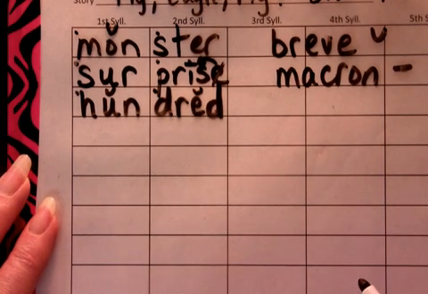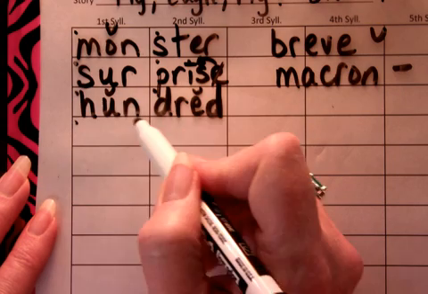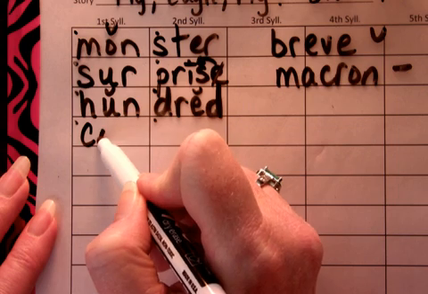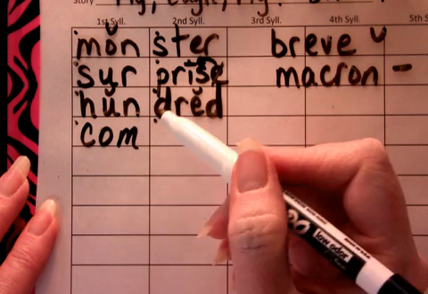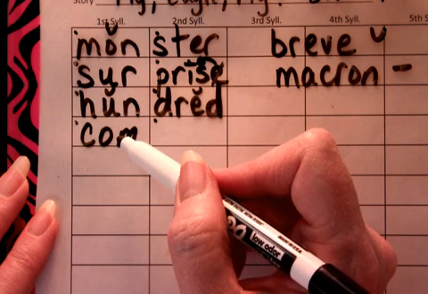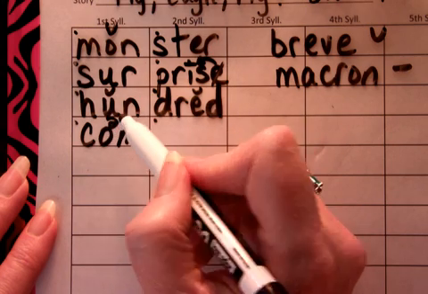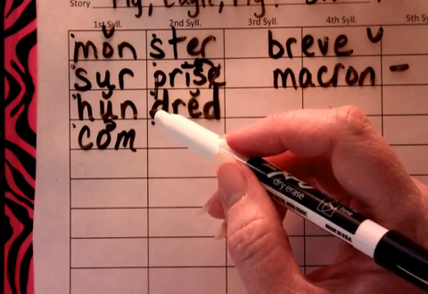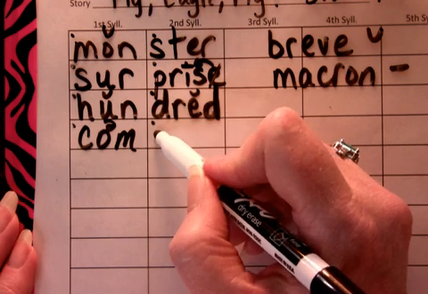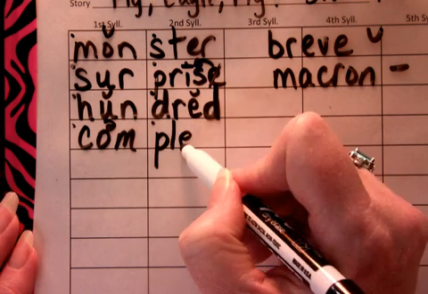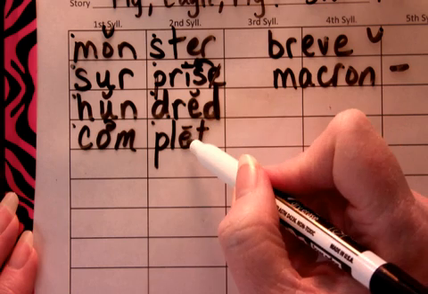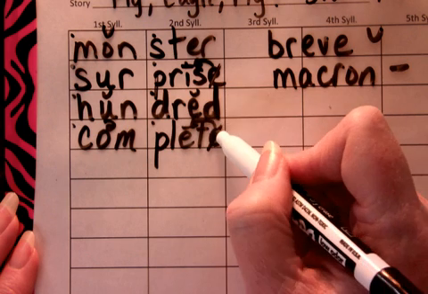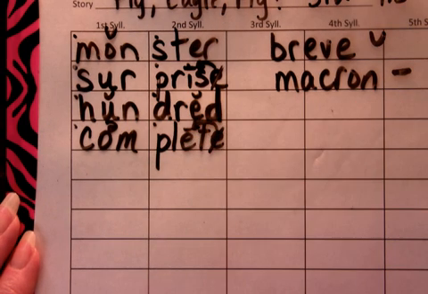The next word is complete. Complete. We usually say the first syllable like a schwa, which is an upside down E. Pleat, P-L-E-T. Now how does this E say its long sound? It's the silent E. The silent E can jump over one consonant and make the vowel in front of it say its long sound.